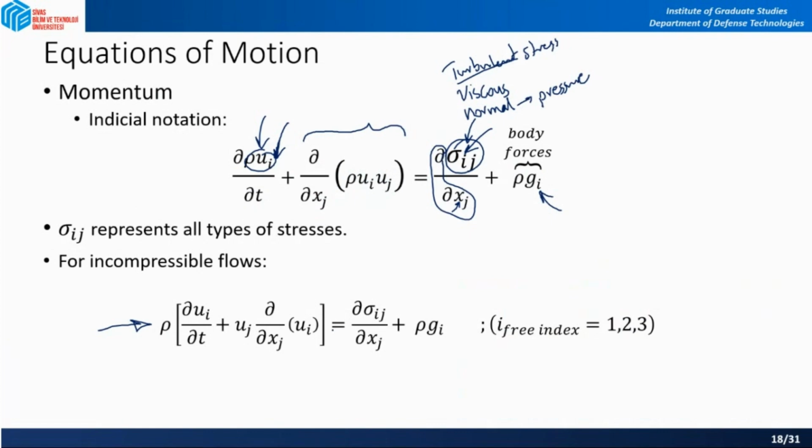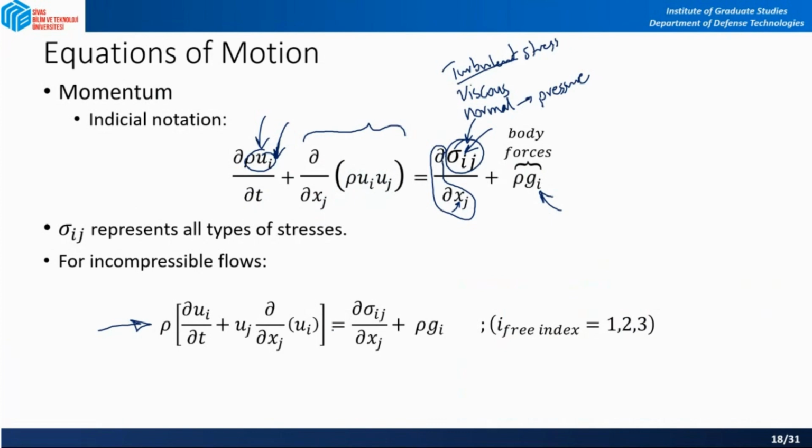Rho gi is just a vector of body forces, the forces that are exerted on the body, like electromagnetic forces, gravitational forces, and etc. Do we have any questions?